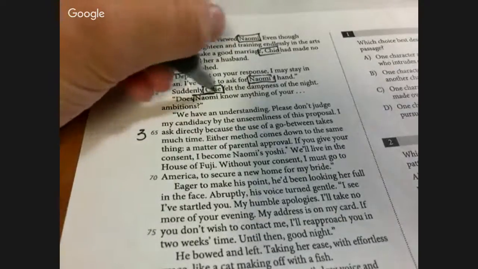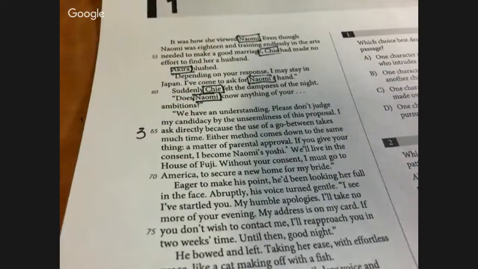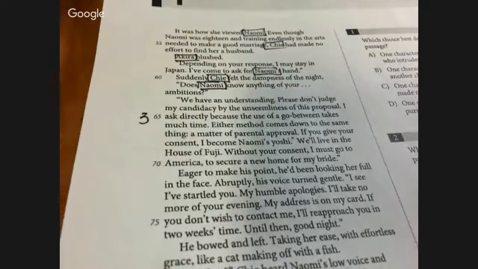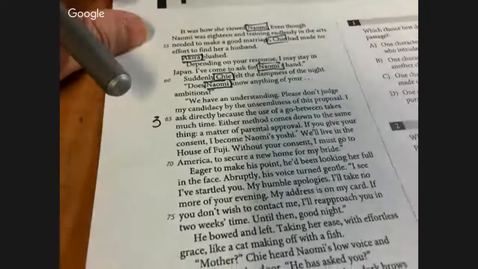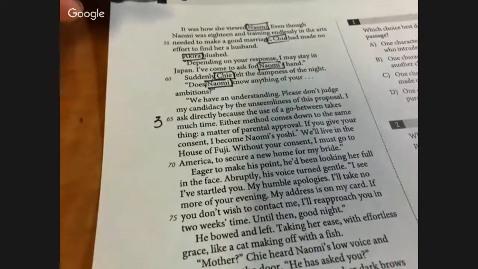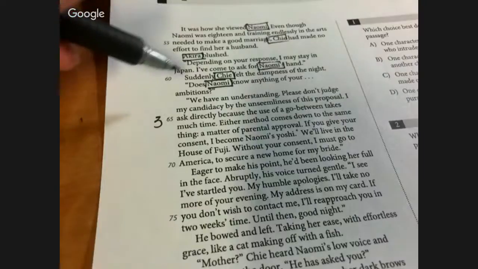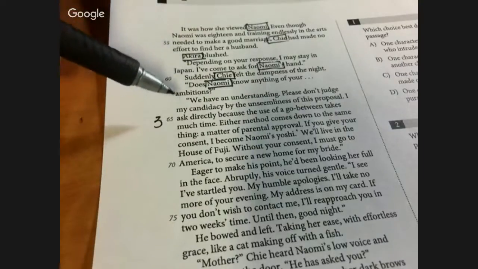Does Naomi know anything of your ambitions? We have an understanding. Please don't judge my candidacy by the unseemliness of this proposal. I ask directly because the use of go-betweens takes much time. Either method comes down to the same thing, a matter of parental approval.